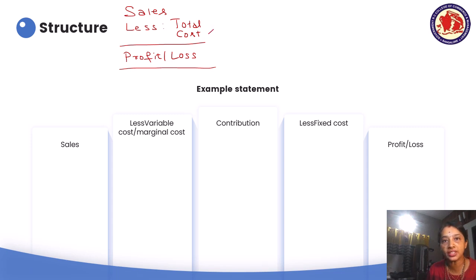Now in marginal costing, we divide the total cost into two categories: one is the variable cost, another one is fixed cost. Variable cost is the cost which varies with the production. You incur variable cost only if you manufacture.